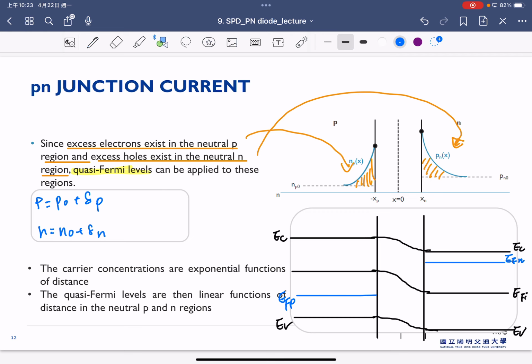So this becomes like this inside the depletion region, and then we have this.